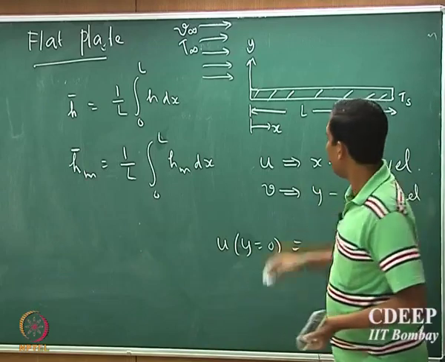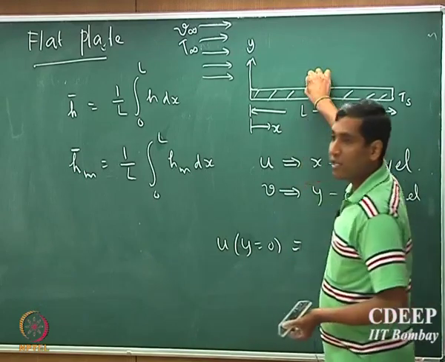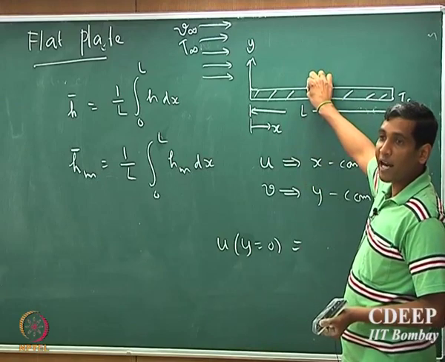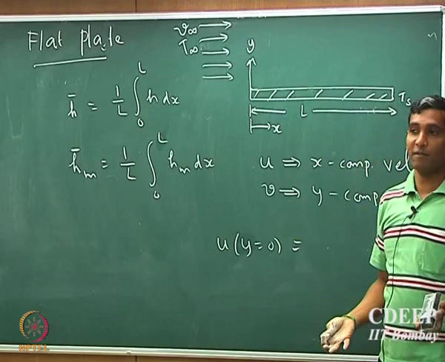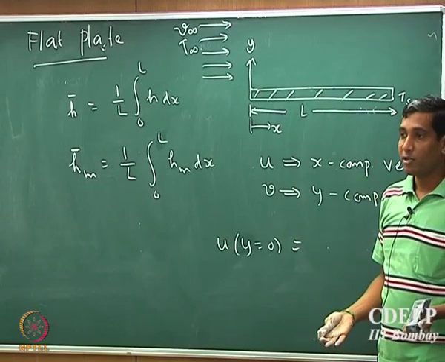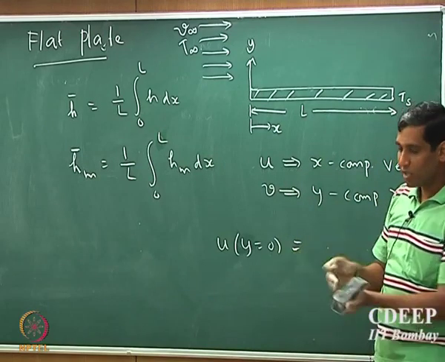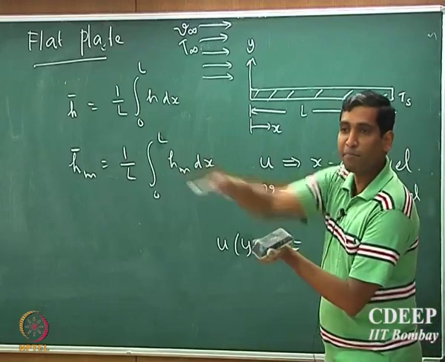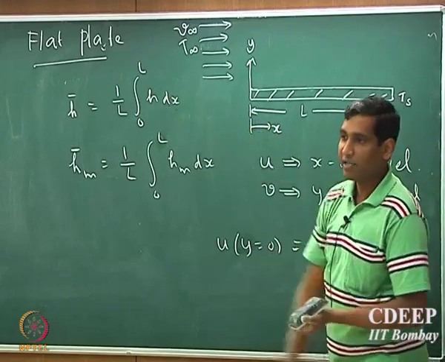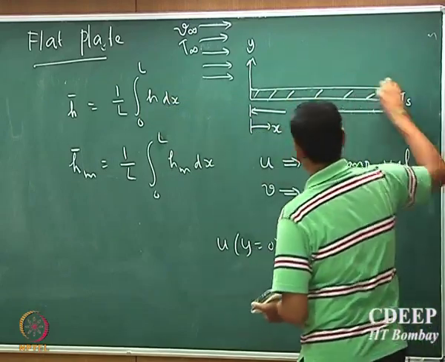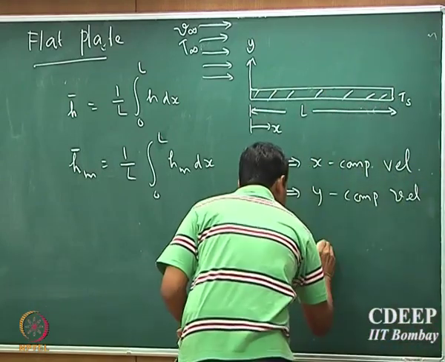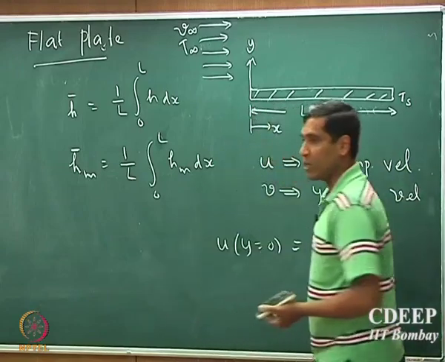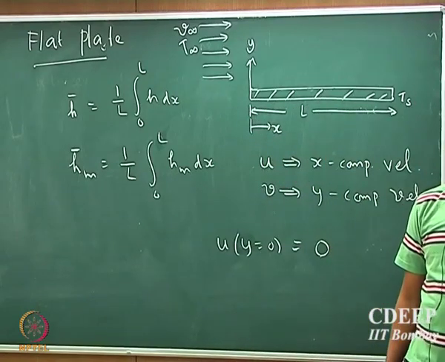The fluid is now in contact with the flat plate at that location, and suddenly the fluid comes to rest because there is friction, and the fluid is not allowed to slide past the flat plate. Therefore the fluid particles will come to rest. So the x component velocity at y equal to 0 is 0.